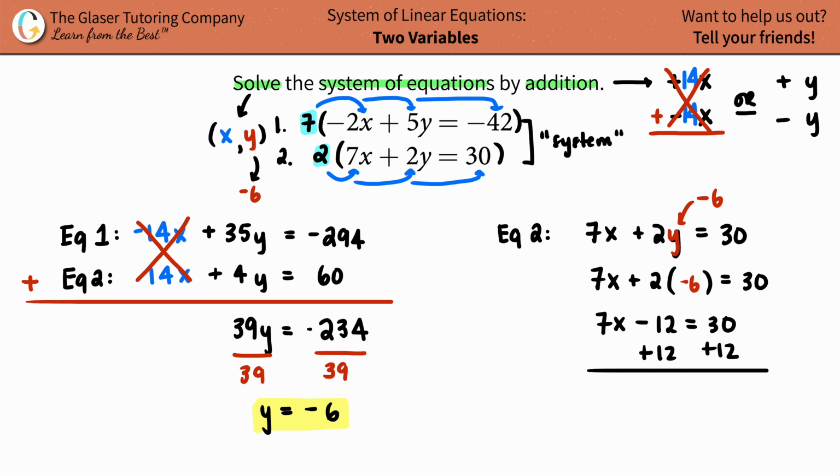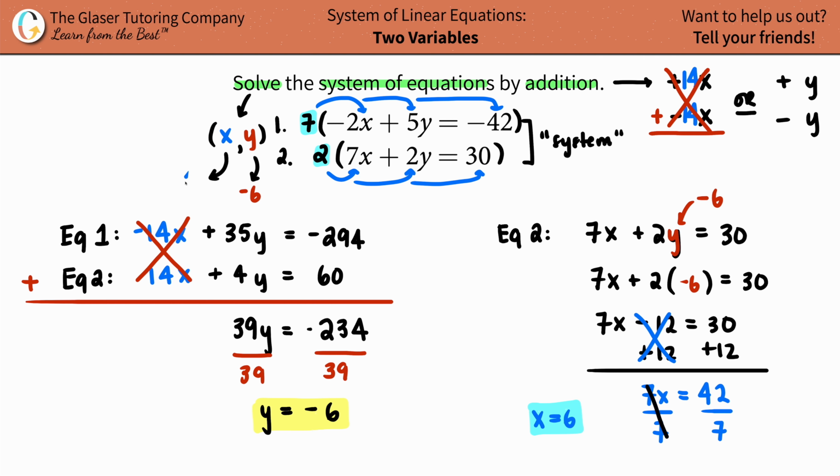A little bit of algebra never hurt anybody. 7x equals, this goes bye-bye, 42. That's a beautiful number right there. Divide by 7 on both sides. 42 divided by 7, that's a big 6 to me. So x equals 6.